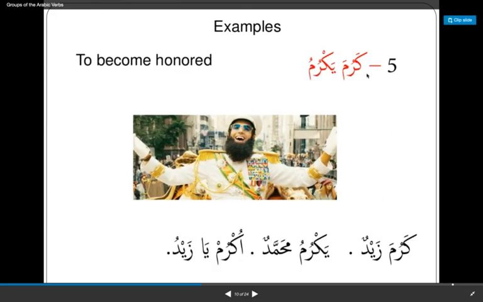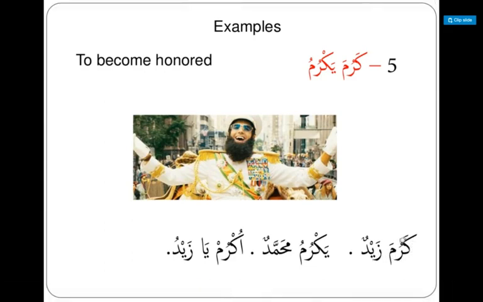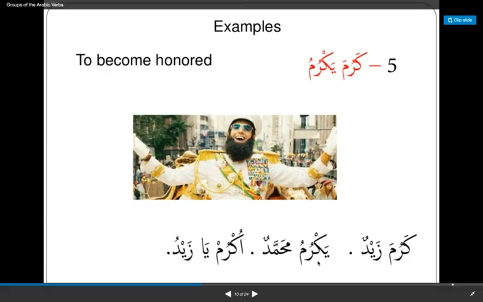For the fifth group, كرم يكرم are examples of the standard group of فعل يفعل. كرم زيد. كرم here the verb is in the simple past, في الفعل الماضي. يكرم محمد, المضارع, which means the present tense. أكرم يا زيد, في الأمر, imperative.